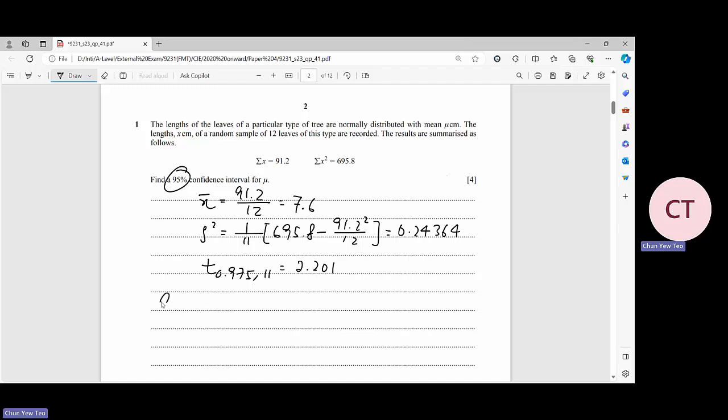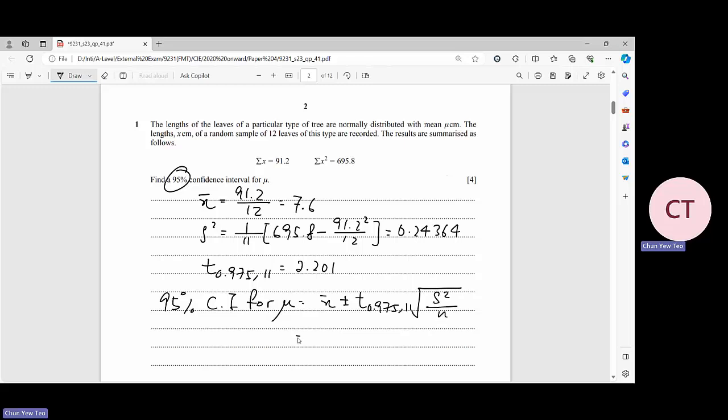Now it's time for us to find the 95% CI for the mu. It will be the bar x plus minus the t value multiplied by the square root of s squared divided by n.